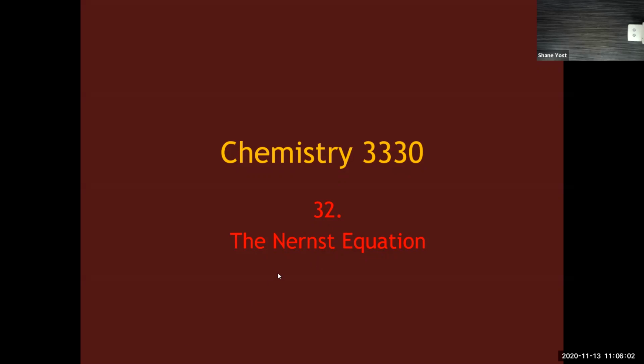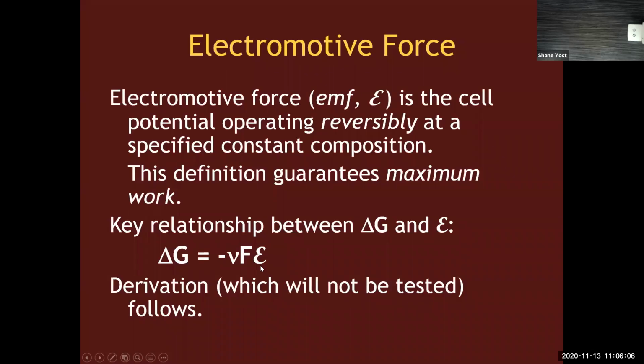The Nernst equation is also something you've hopefully seen before. But before we get there, let's remind ourselves that the free energy is related to the cell potential, also referred to as the electromotive force, EMF. So electromotive force, EMF, is the same thing as the cell potential.